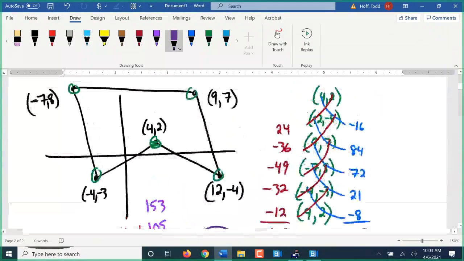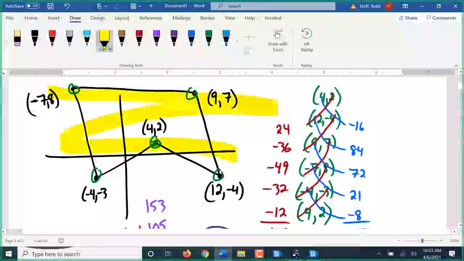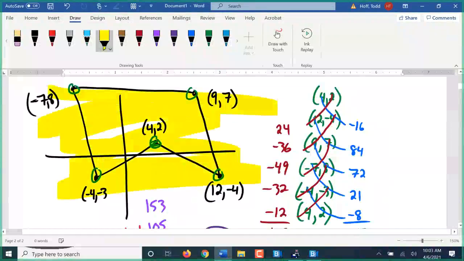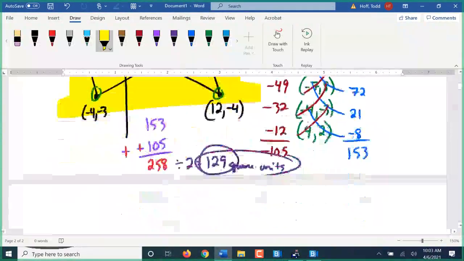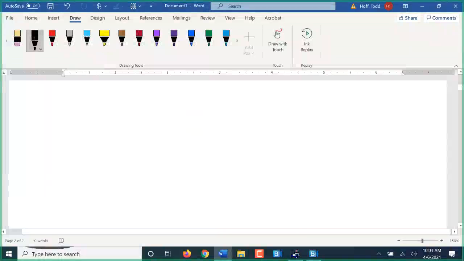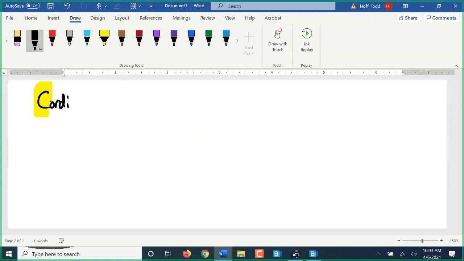Now we don't even need to have the graph shown for us. We just need to know that we have the coordinates going counterclockwise around the object.